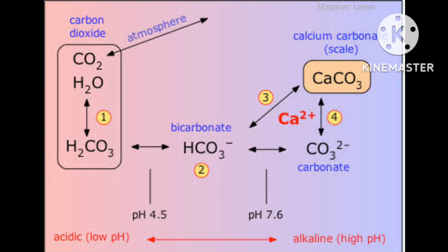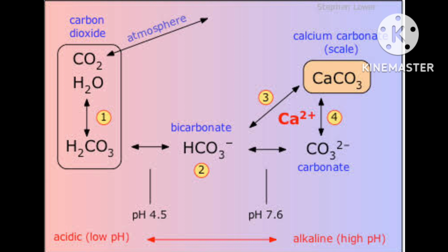And the reaction is very easy. Mg(HCO3)2, if you boil or heat it, will convert to magnesium hydroxide plus 2CO2. Carbon dioxide will go into the atmosphere, and only magnesium hydroxide will settle down, which you filter.